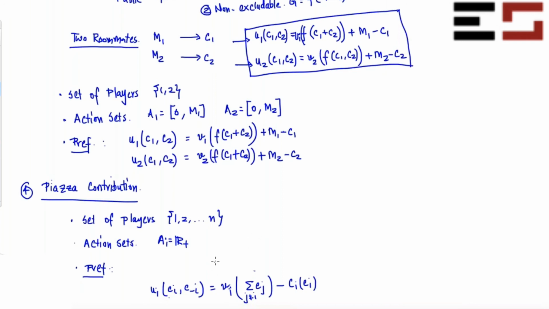Is that clear to everyone? Okay, so we would also like to analyze what will happen in a scenario like this. Of course there are other problems which I've posted. You can have a scenario where there is an auction, first price auction, second price auction. You can also have a scenario where people are going to a restaurant deciding whether they want to split the bill or pay their own bill.